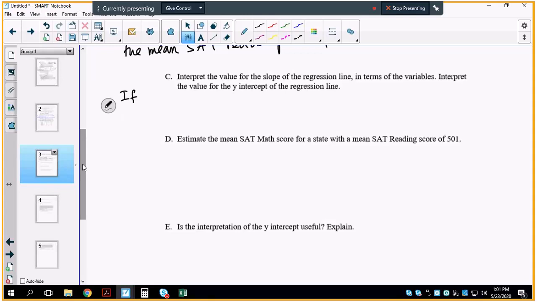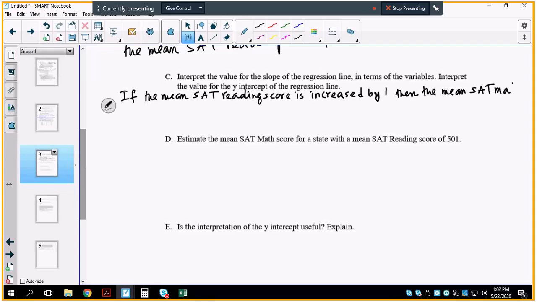Remember, x increases by 1. So if the mean SAT reading score, that's your x, is increased by 1, then the mean SAT math score increases, because my slope is positive, so the correlation coefficient is positive, so x increasing implies y increasing.